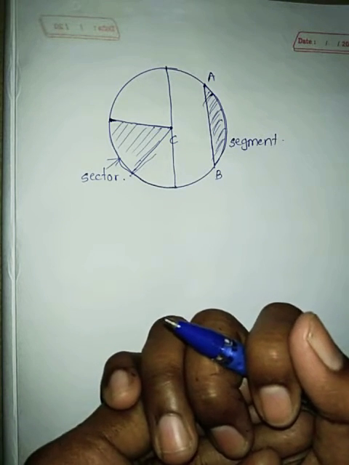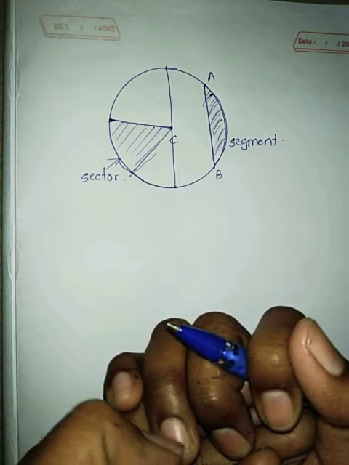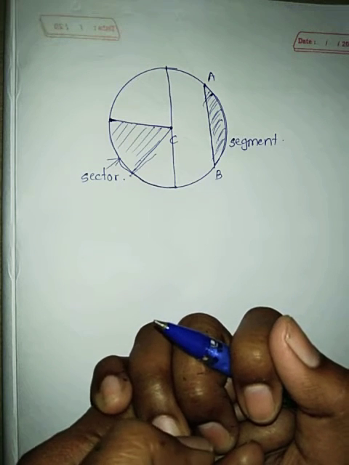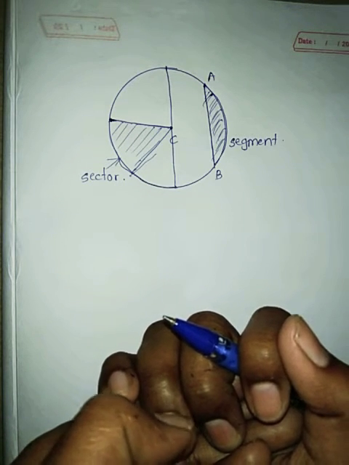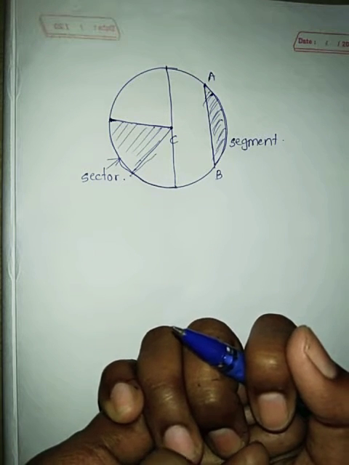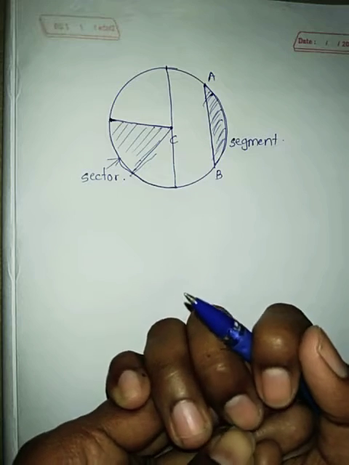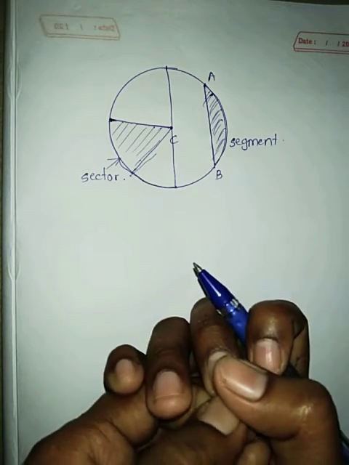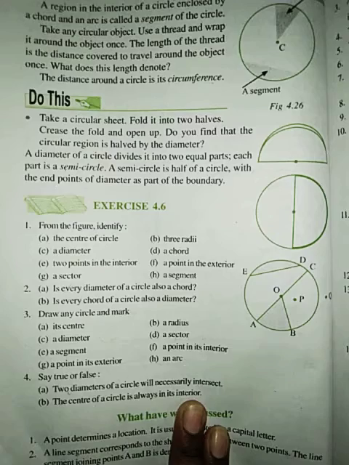Diameter is double the radius, and radius is half of the diameter. And the diameter is the maximum chord of a circle. Okay, these are all the things. Now next you have to go to exercise 4.6.